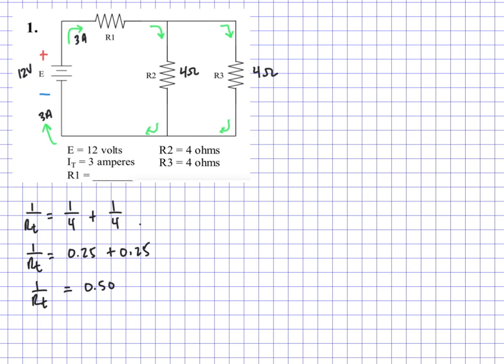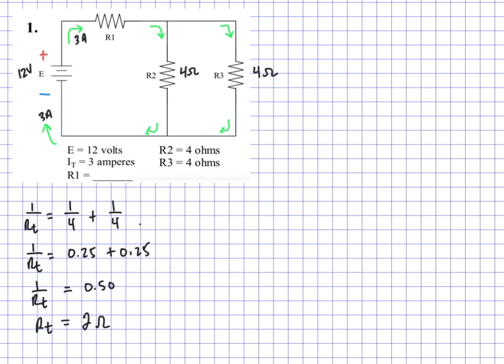And then we're going to need the reciprocal of that. So RT becomes 1 divided by 0.5. That should be fairly easy, and it's going to give us 2. So we know that the total resistance through R2 and R3 through that branch is 2 ohms, and that should make sense because, following our rules, we know that it's always half.